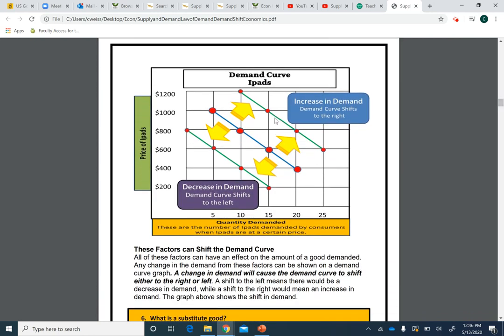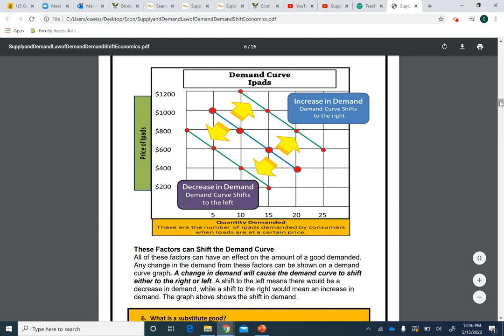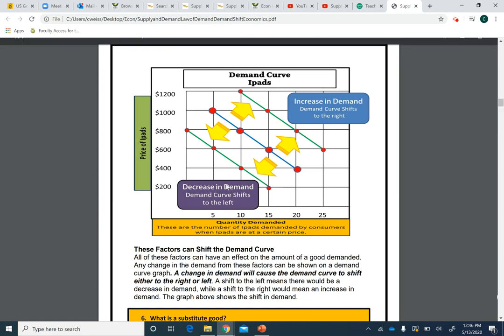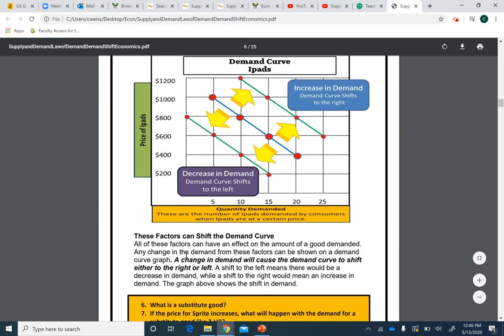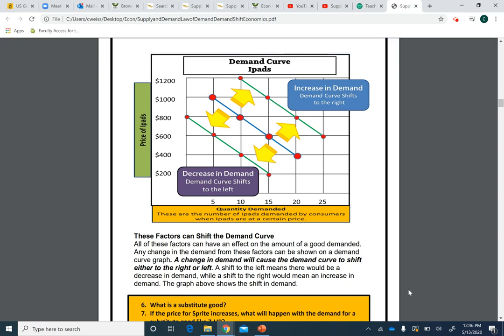Okay. And this shows us how the demand curve shifts to the right or to the left, depending on the demand for iPads, influenced by any of those determinants. So these are the factors that can shift the demand curve. A change in the demand will cause the curve to shift to the right or to the left.